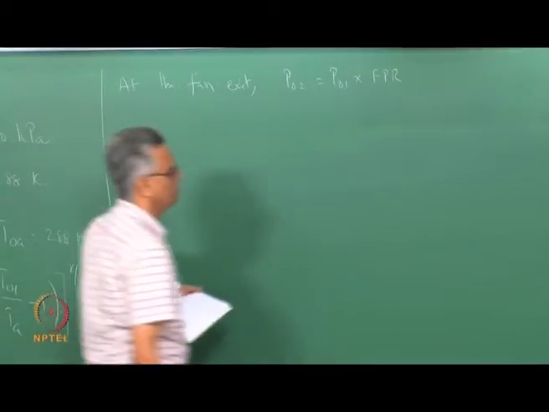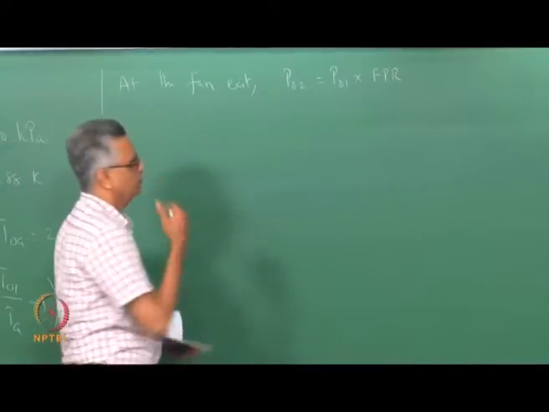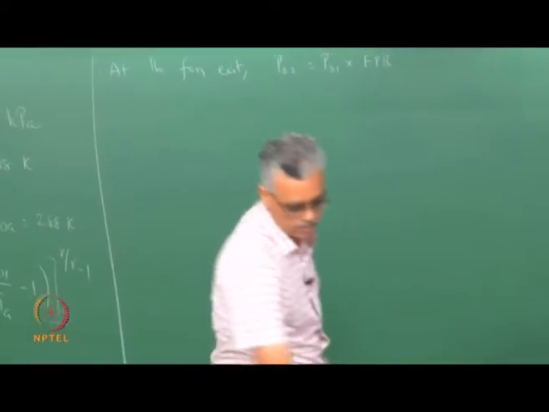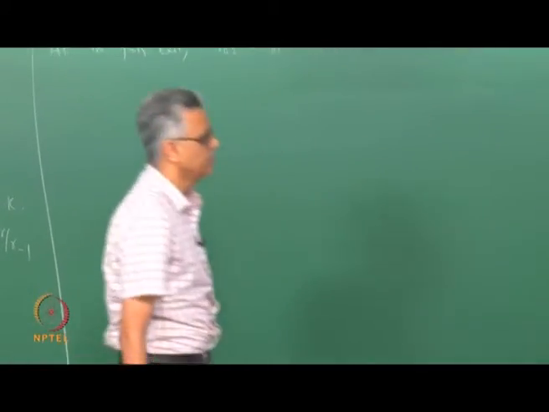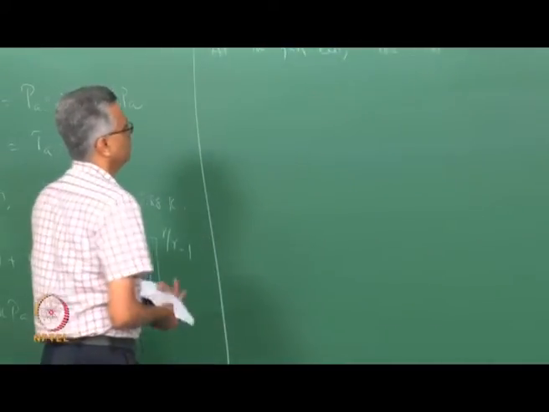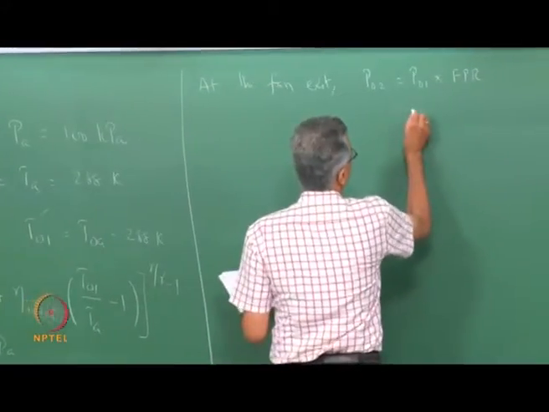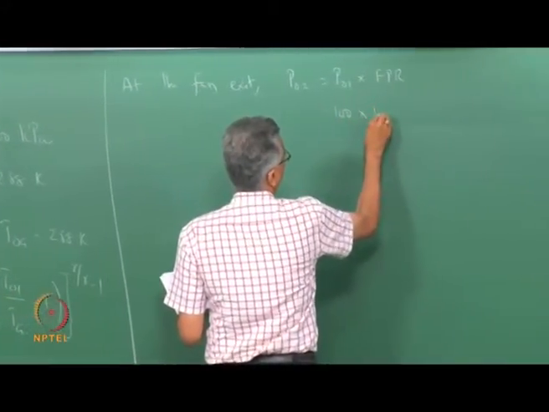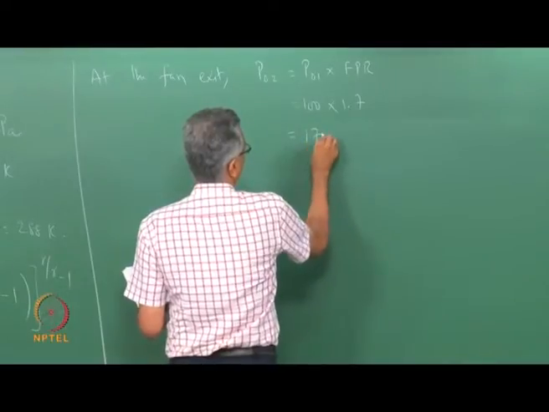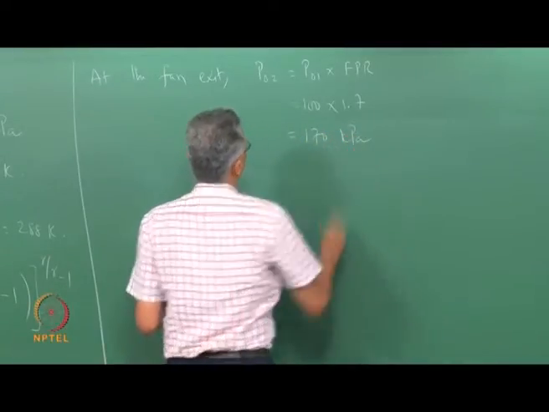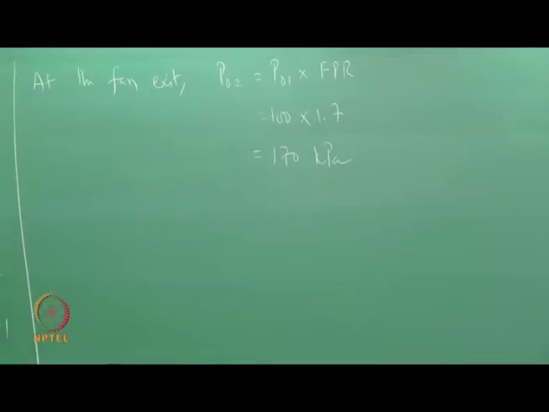If I substitute the value, the fan pressure ratio is given to be 1.7. So that means P02 is equal to 100 kilopascal times 1.7. So this is 170 kilopascal. So we know P02. Now we can evaluate T02 from the expression for isentropic efficiency for the fan and the isentropic relationship itself.